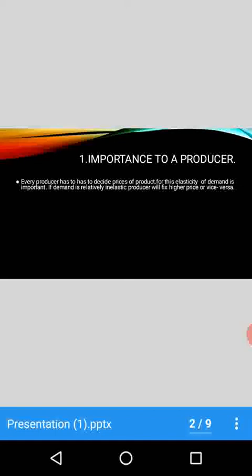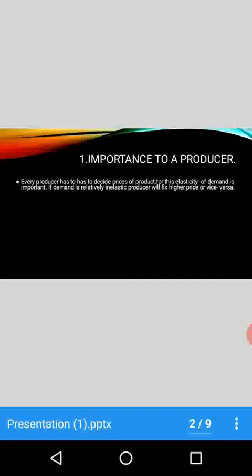Every producer has to decide the selling price for his or her product. For this purpose, elasticity of demand becomes important.